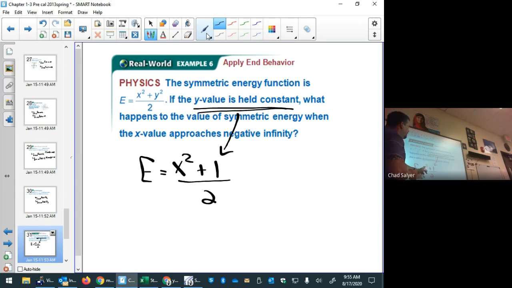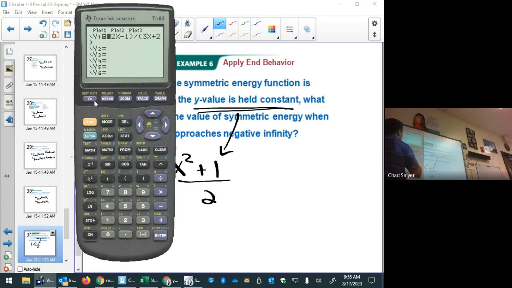So I'm concerned about the behavior of this relationship as x goes to negative infinity. So if I plug this in the calculator, x squared plus 1 divided by 2, and I'll graph it here.